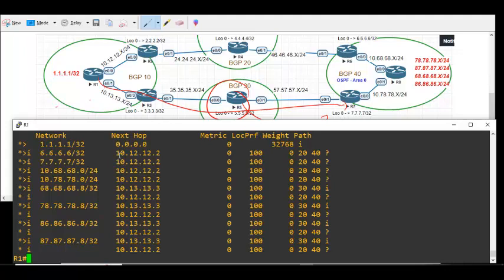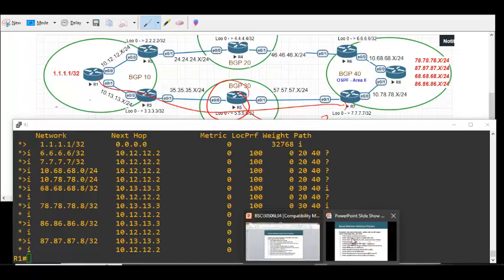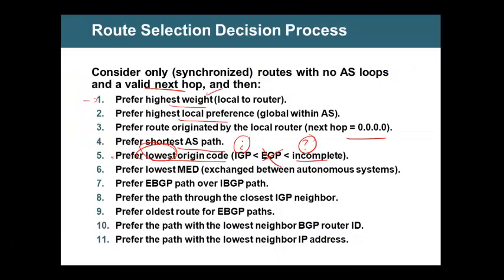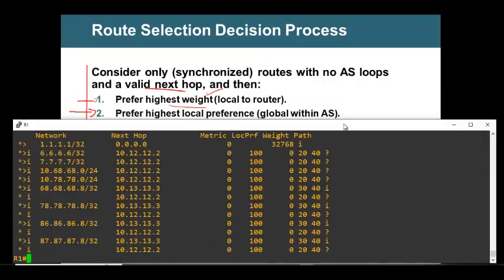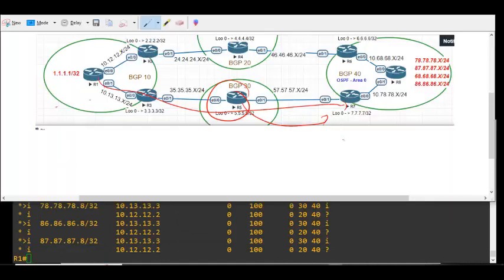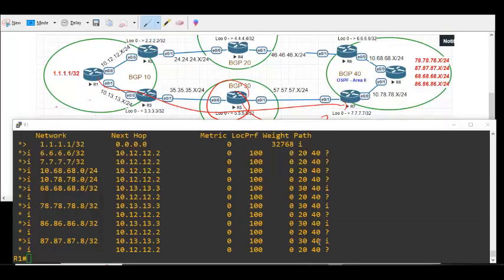We tested weight. Now let us test local preference. Are you ready? For local preference, you can configure anywhere. You see, if you want R1 to go via router 2, right now it is going via router 3. Because I removed that weight, it will go via router 3. But not only router 1, even router 3 should go via router 2.